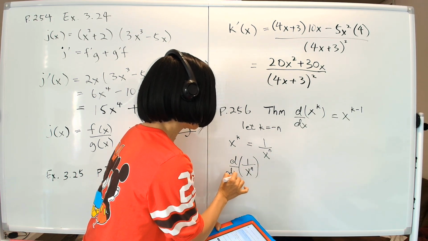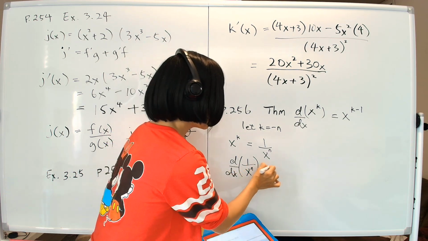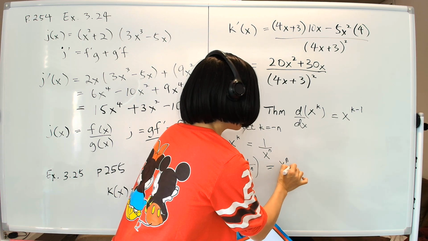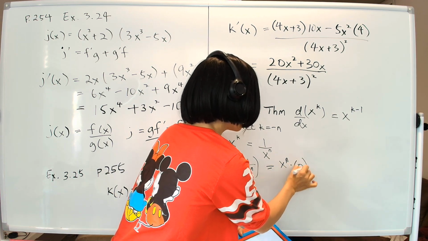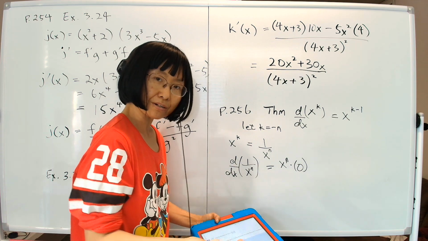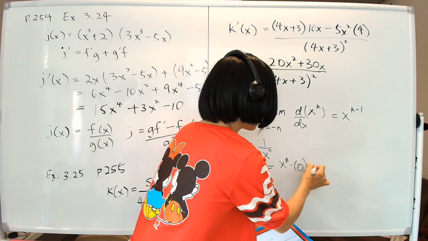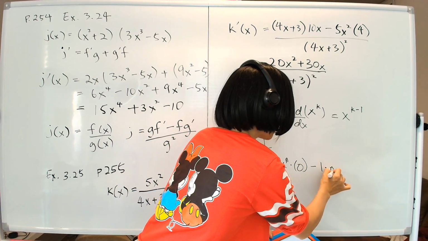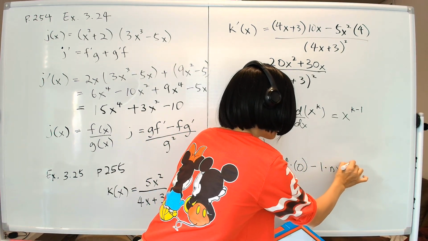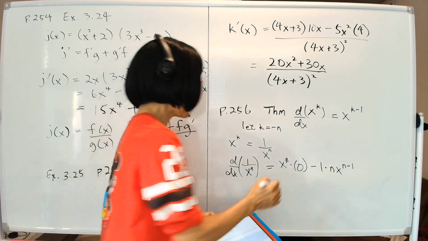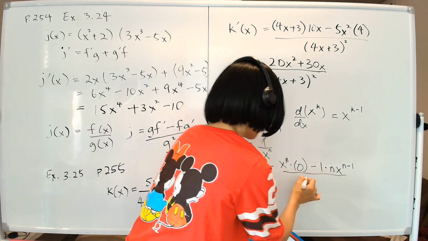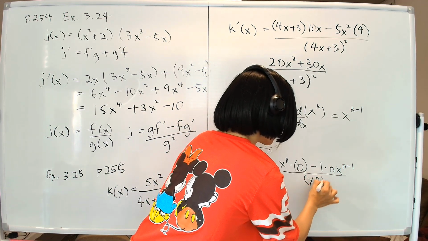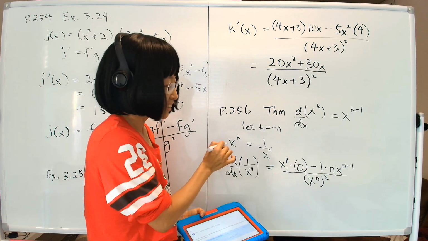That means take the derivative of this thing: by the quotient rule, the bottom times the derivative of the top, which happens to be 0 because the top is a constant, derivatives of constants are zeros, minus the top, which is 1, times the derivative of the bottom, which is n x to the power n minus 1. That is by the power rule. And the whole thing will be divided by the bottom squared, x^n squared. All right, so that's the derivative.